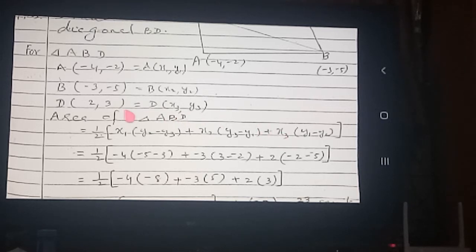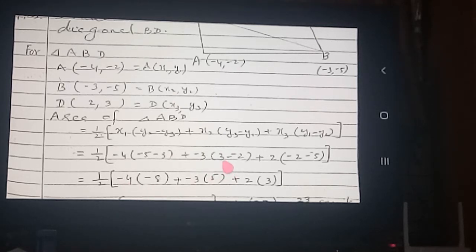So x3, what is x3? 2 into y1 minus y2. Minus 2 minus 5. Clear? So minus 5 minus 3, how much will come? Same sign, so add the numbers and put the same sign. Minus 8.